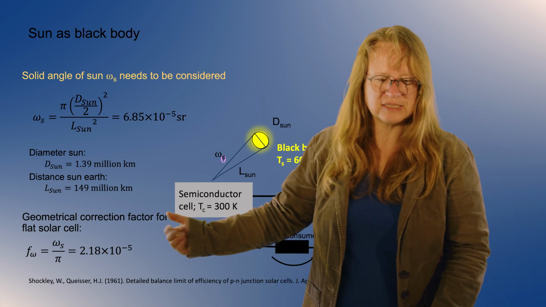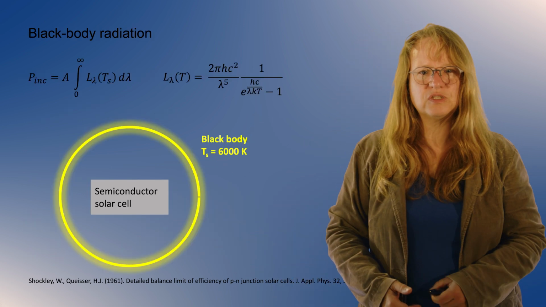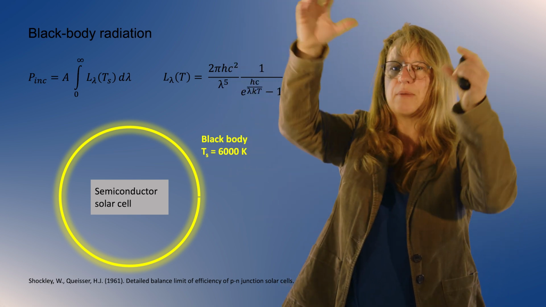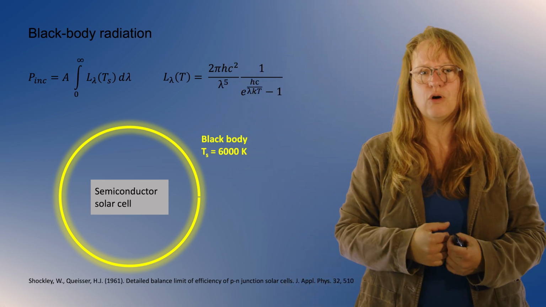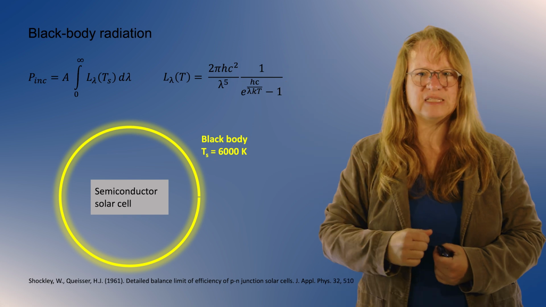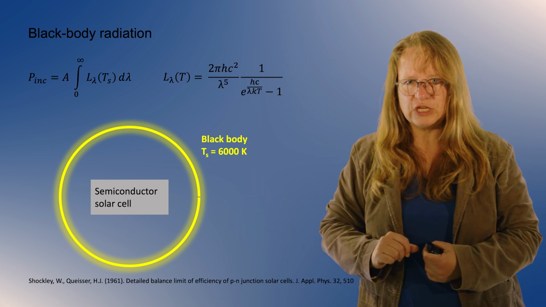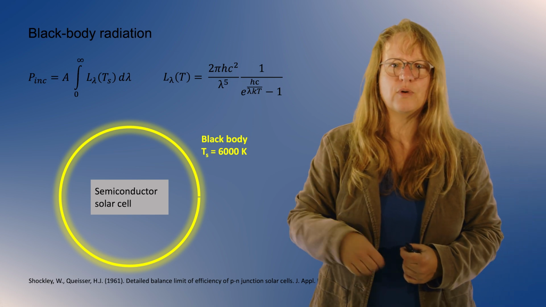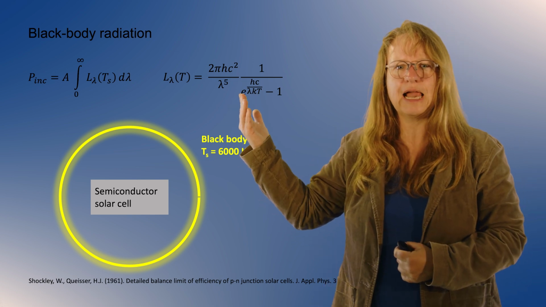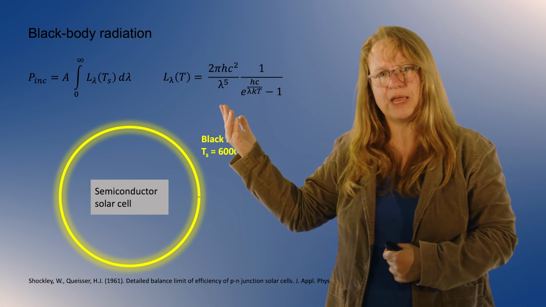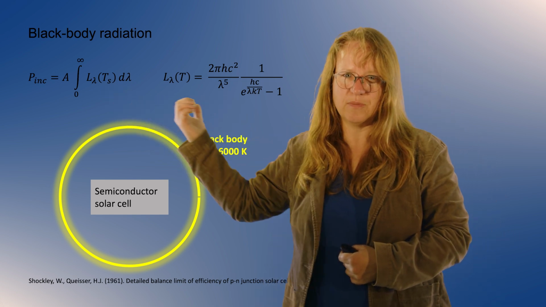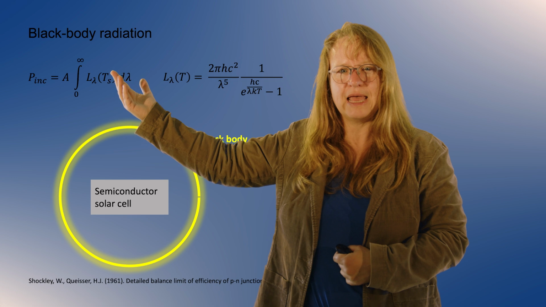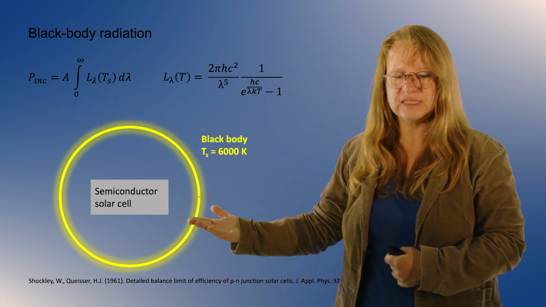And this factor is exactly the difference between the case where we have the black body radiation surrounding the whole solar cell, and the case where we have only a section. Here I'm again showing the situation where the black body radiation is surrounding the solar cell, and we already saw that this is calculated by the Planck equation. The Planck equation, the spectral irradiance, is plugged into this integral here, and then we get the incident power for this case.